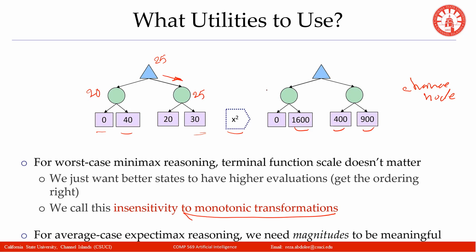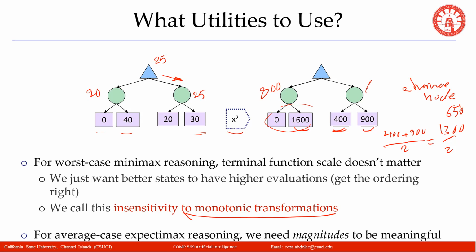So here we are going to get 800. Basically, that's the expected value of these two with equal probability, half multiplied by 0, half multiplied by 1600. That's going to be 800. And here we have 400 plus 900, and since the probabilities are equal, you divide 1300 by 2, and we get 650.